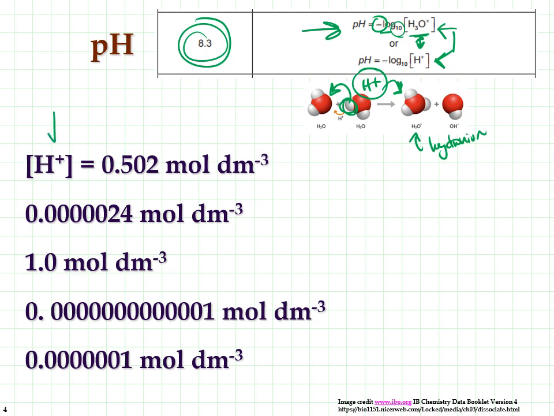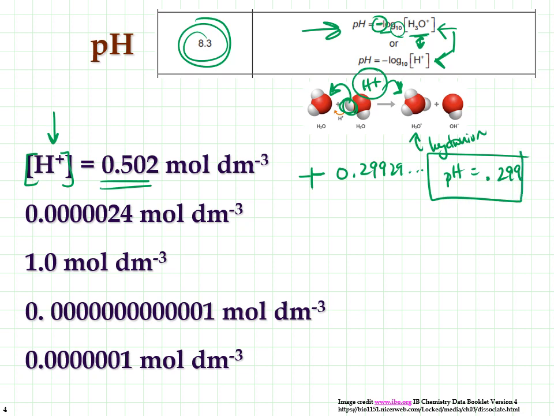If my hydrogen ion concentration, remember that this means concentration, is equal to 0.502 moles per cubic decimeter, then I can just take the log of 0.502, and the log is negative 0.29929, lots of digits. But since I'm looking for the negative log, the negative version is going to be positive. So the pH is going to be 0.299. That's our pH. How about this guy?